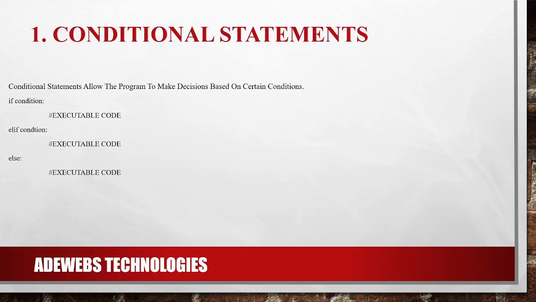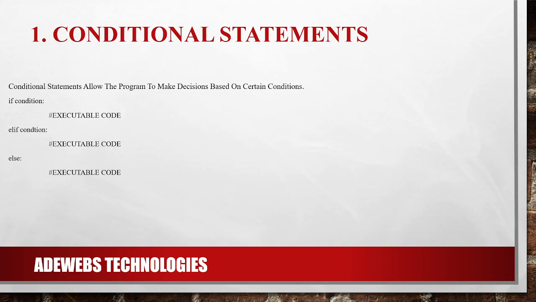Basically, what a conditional statement does in any programming language is that it helps to check if a particular condition is met, then a certain logic or a certain block of lines can be executed. Or if such condition is not met, a certain logic or block of code will not be executed.